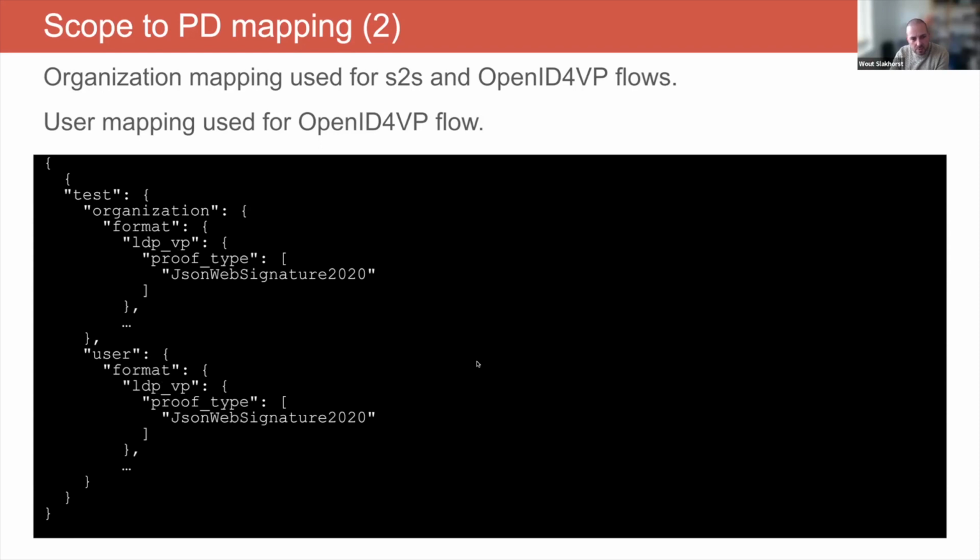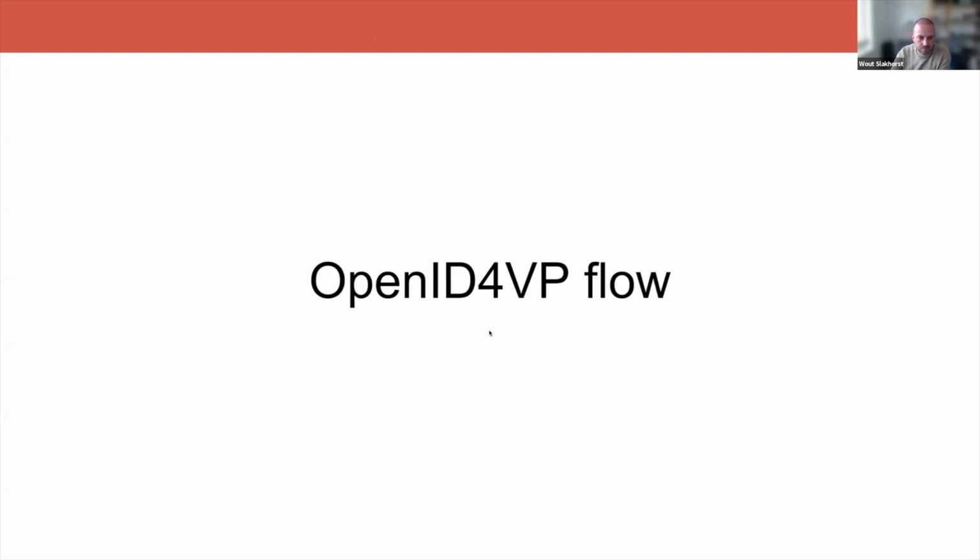And for the user, you'll probably have something like, oh, I want a UZI credential, or I want a credential issued by the Dutch government, telling me the name of this user, and I want a specific issuer for trust reasons. So that's the mapping files.